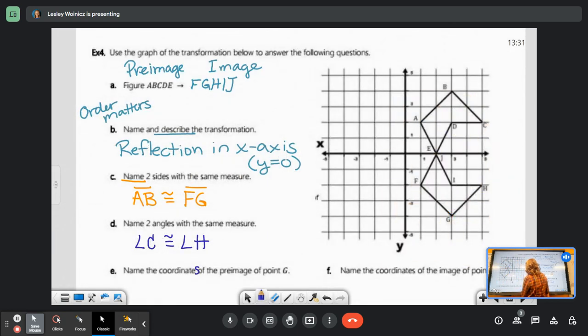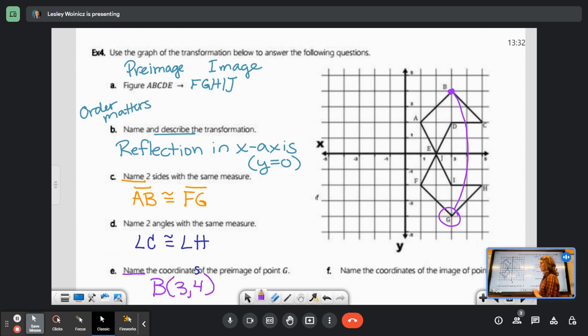Okay, so G is this guy. Well, we got G from B. So what are the coordinates of B? That looks like (3, 4). So we have to name them. So that would be B(3, 4).